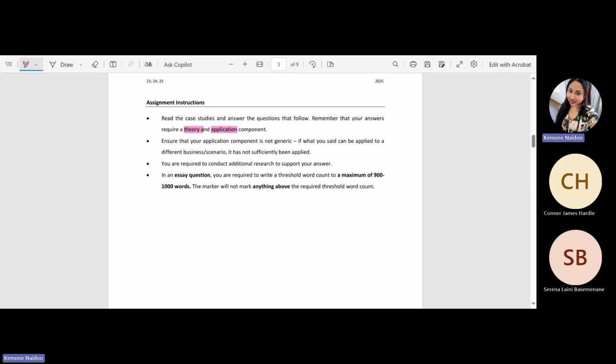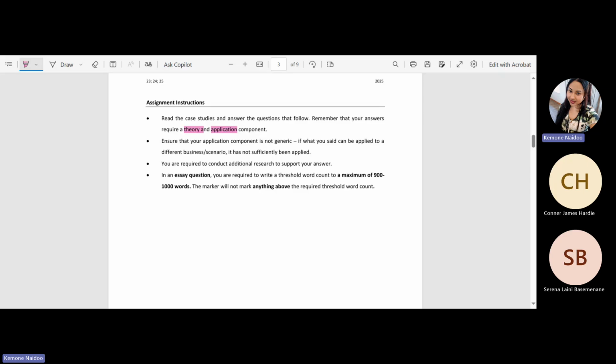So always have it. Okay, and then always remember to reference your theory, reference anything that you've taken from a textbook, from a case study. If it's a different case study that you're using, if you are using research articles, okay, you reference everything.